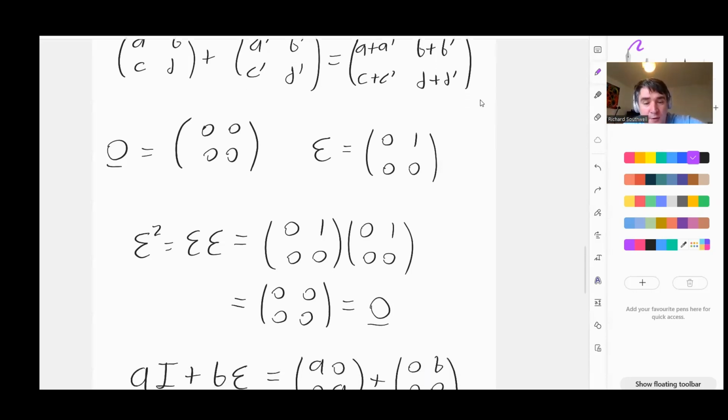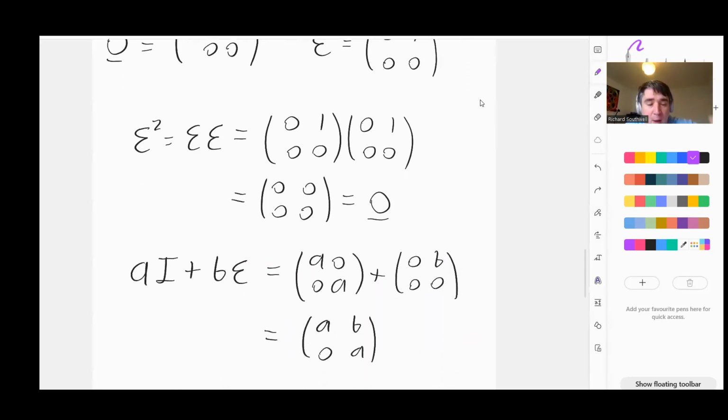But just to show you the basic idea, we can consider matrices of this form. So here, A and B are just numbers. And so if we do A times the identity matrix, that's this, and B times epsilon, that's this. And then we know how to add matrices together, and the result is this. So on one hand, we have this quantity here, which looks very much like the expression for something called a dual number.